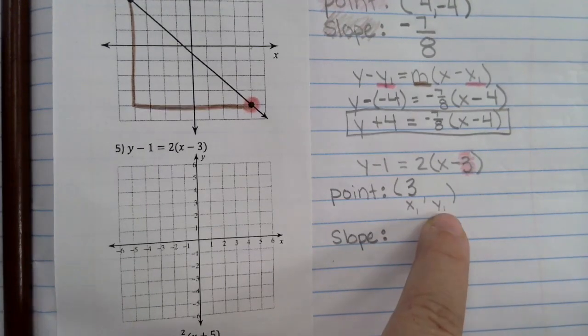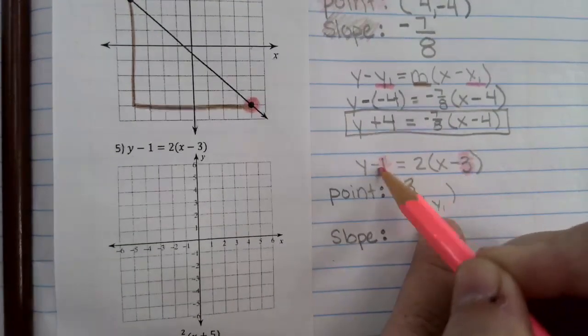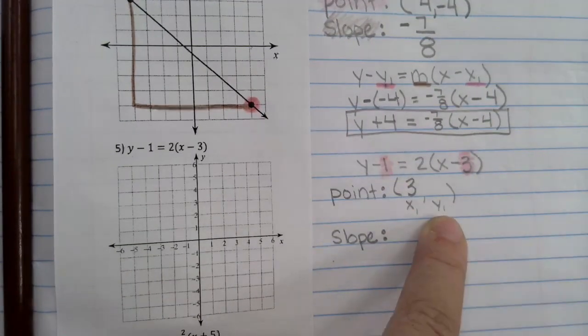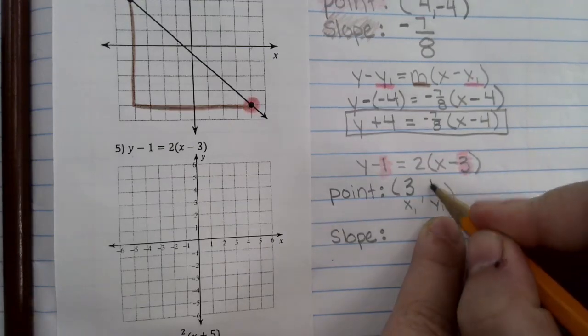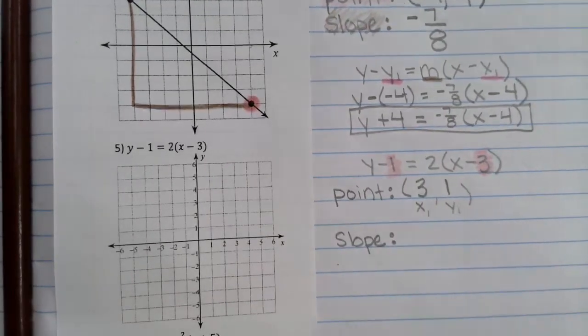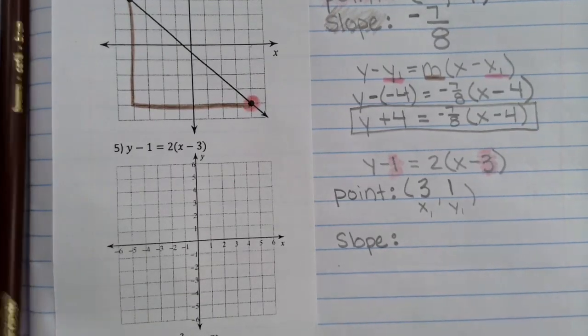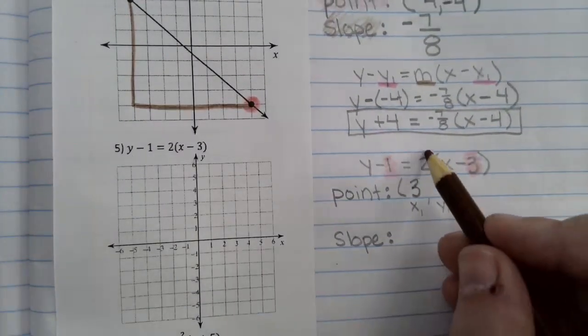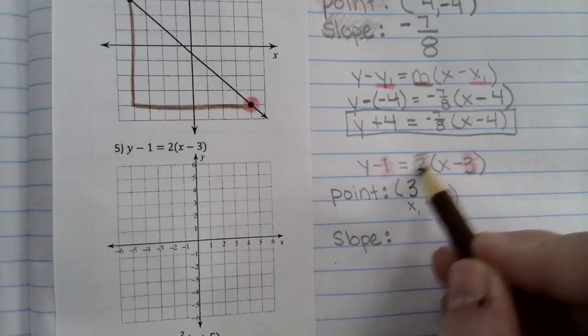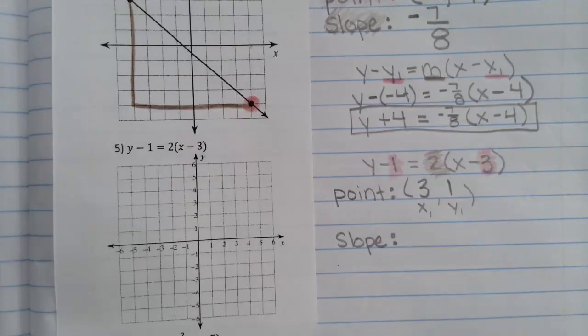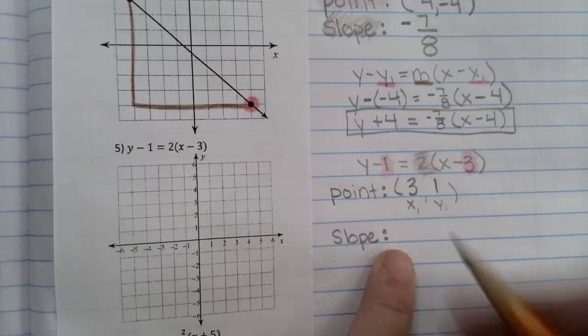Okay, what is my y1? What goes with the y? The 1. So a positive 1. All right, and our slope is m. So what is my slope here? 2.